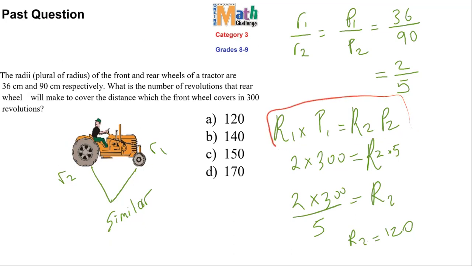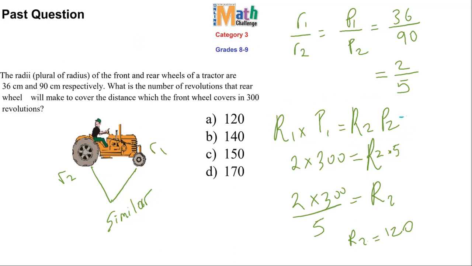So we can write this simple equation. We already know number of revolutions for the small one, 300, and its radius ratio. And likewise, we know the perimeter of the big one. This is the ratio, so it's okay, because from here we can get the ratio also. So we can write this equation.